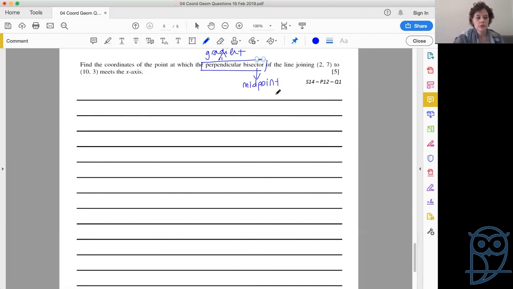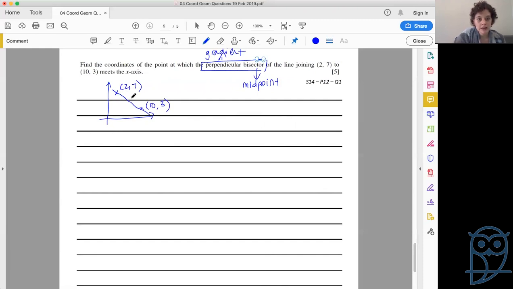So the best thing to do, I think, is to turn this into a whole lot of sketch. Not something beautiful. (2, 7), so a little bit over and a lot up. (10, 3), a lot over, a little bit up. Okay, the line joining them goes through here.